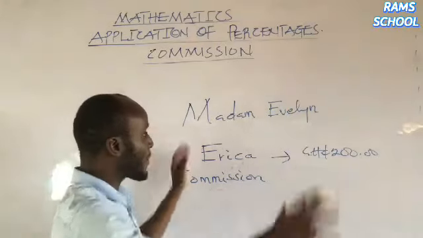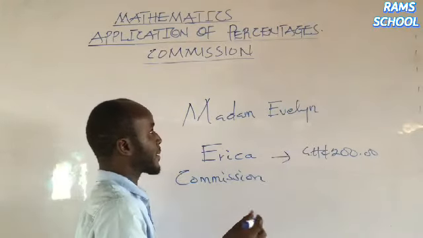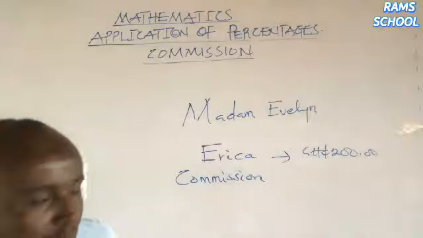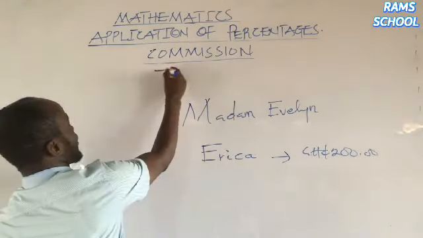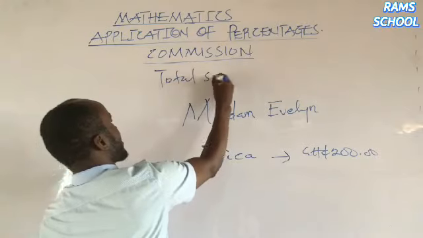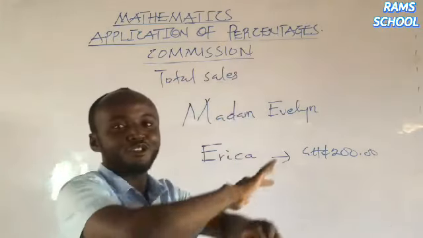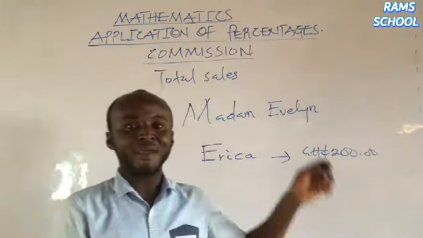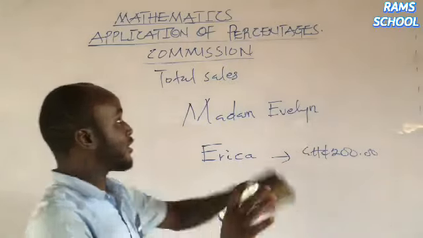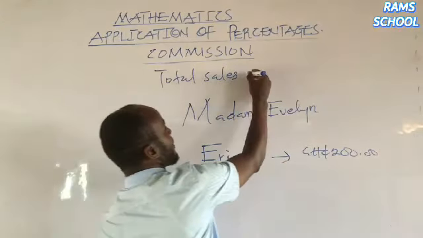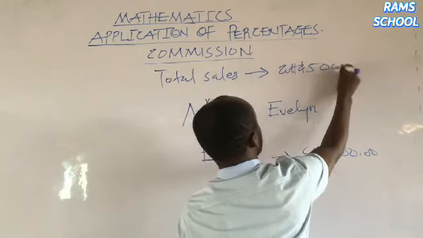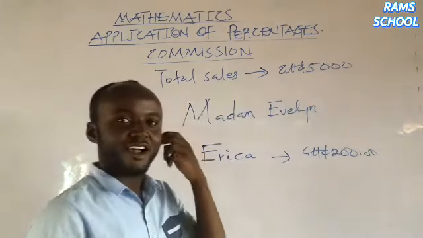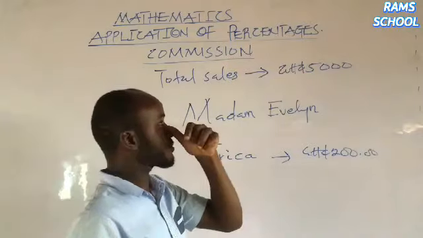So assuming the whole month, Erica made a sale. Let's look at what we call total sale. The total sales is the amount of money that Erica will give to Madam Evelyn at the end of the month. So at the end of the whole month, Erica gave Madam Evelyn an amount of 5,000 Ghana cedis as the sales that was made.